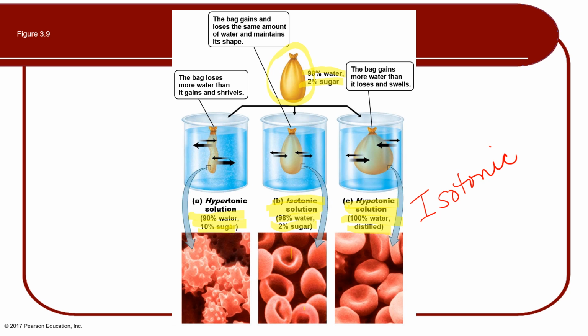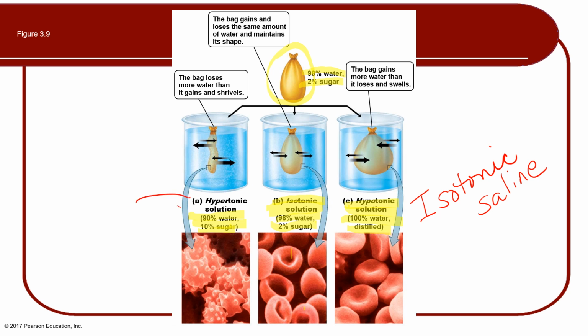Usually what we use is isotonic saline, which is just salt water. It's the same concentration of water as inside of our cells, so our cells stay normal. If you were to use pure water for an IV, that would be hypotonic to your cells, and your cells would swell up and some of them could pop open. If you used hypertonic, that means there's less water, and your cells would shrivel up.